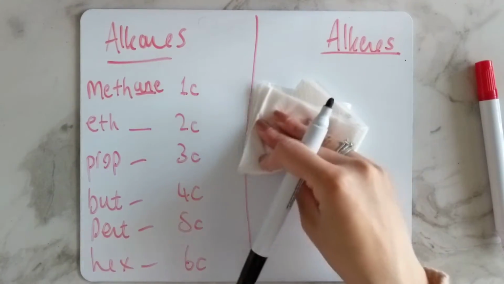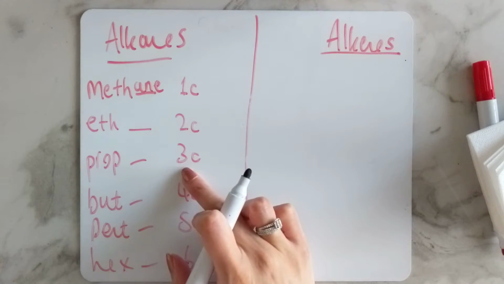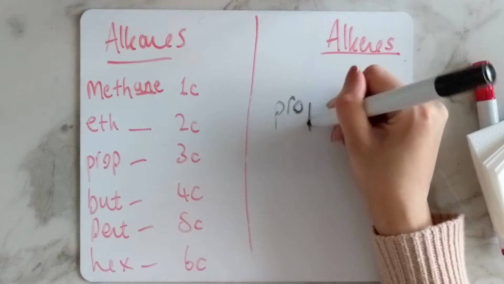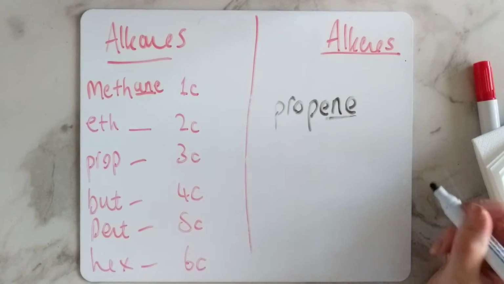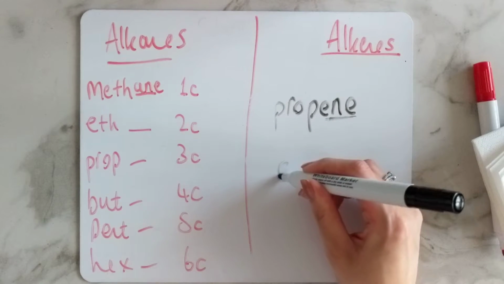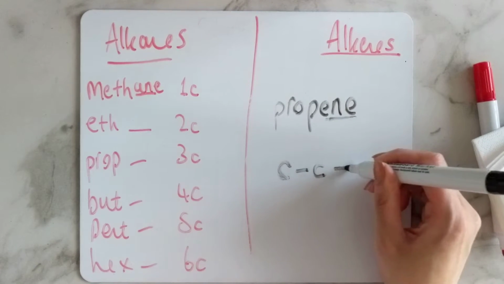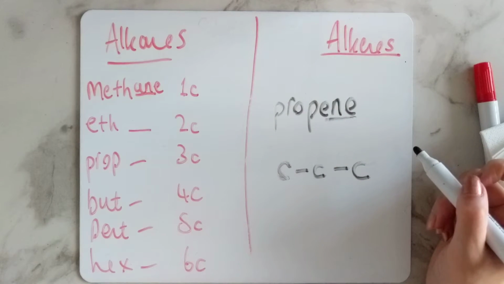So if I want to draw, let's say, propene. Propene is an alkene, which means it's got a carbon to carbon double bond. Prop means 3 carbons, so you draw in your 3 carbons like this. However, because it's an alkene, there's a double bond.